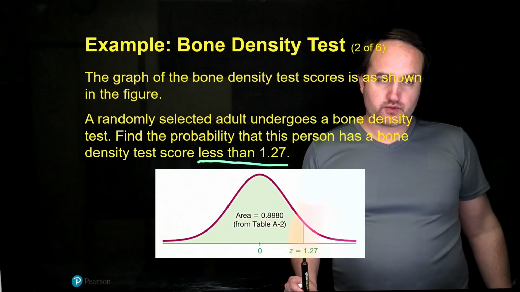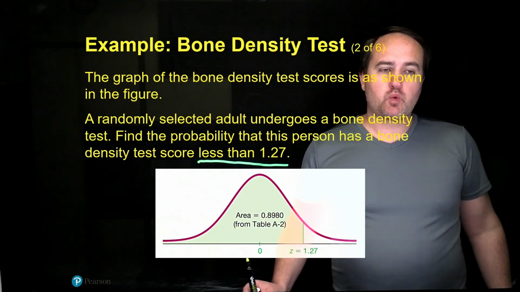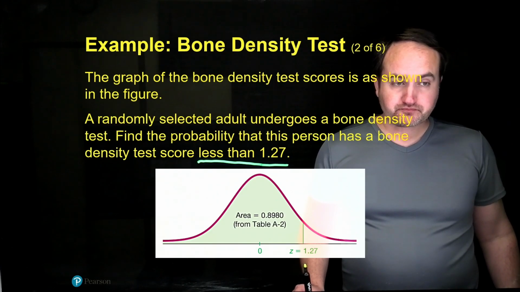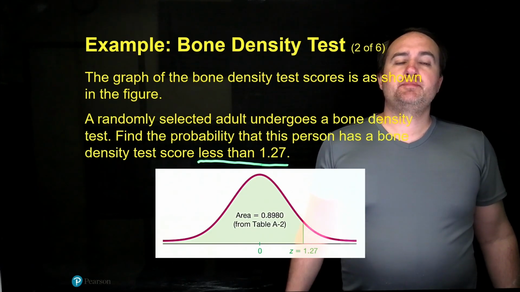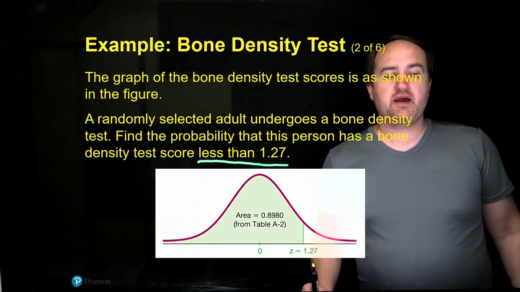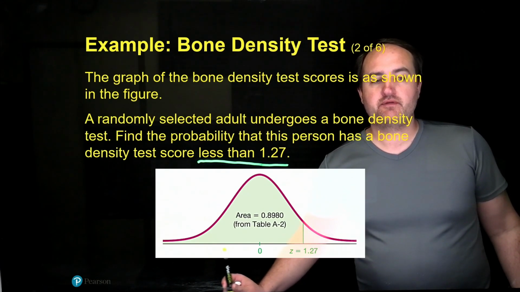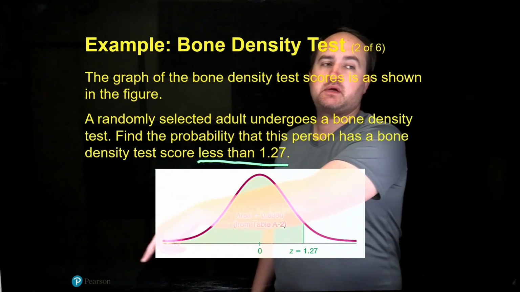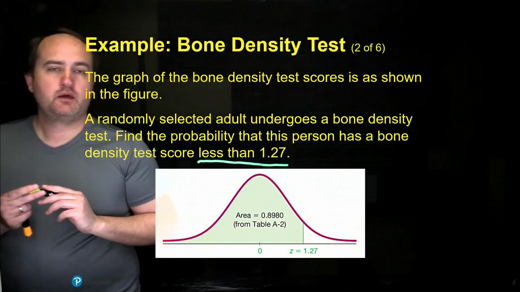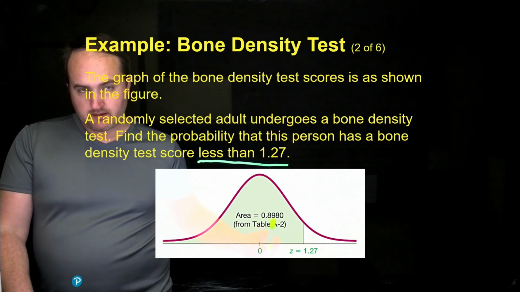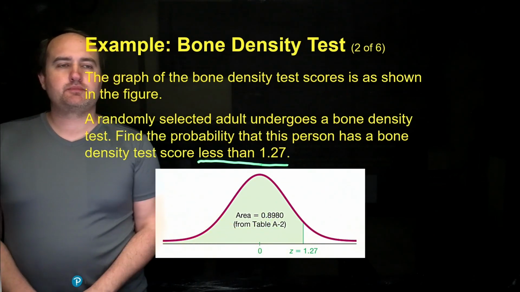So here is z equals 1.27, that's 1.27 standard deviations above the mean. Because it says less than, it goes to the left. So the area we're trying to find is the area to the left of z equals 1.27. How do we find this green area? In the book they say that the area is 0.8980, and that's from table A2.